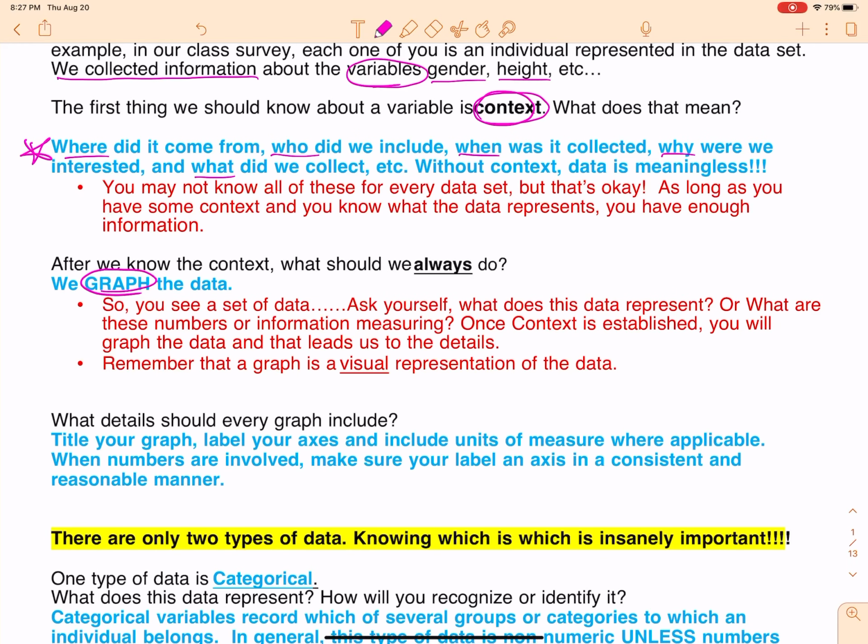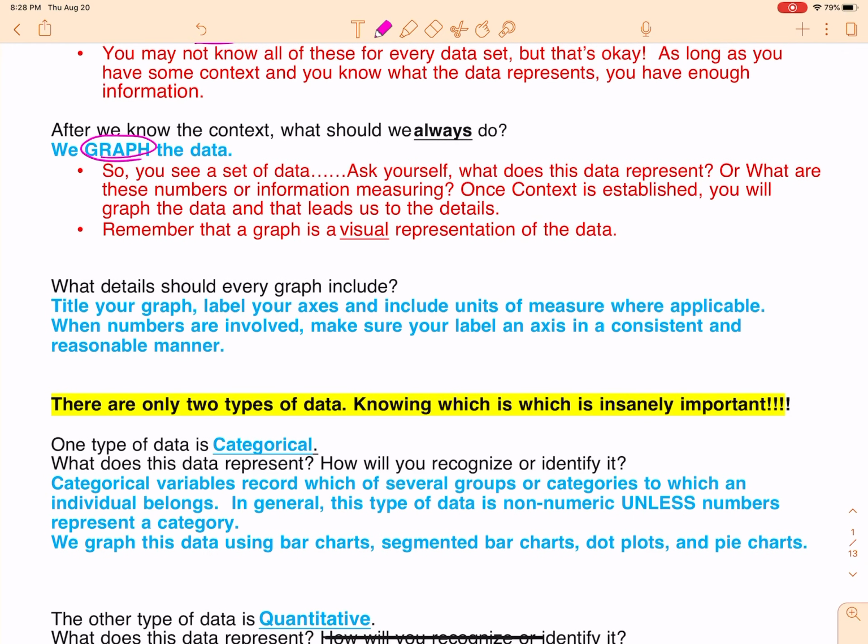I'm going to show you some graphs here in just a minute. There are different kinds of graphs based on the kind of data you have. So just make sure that you're not just slapping something down on the paper. Please try to make it look a little decent, and pay attention to a title. Make sure you're labeling your axes. Make sure you're including units of measure where applicable.